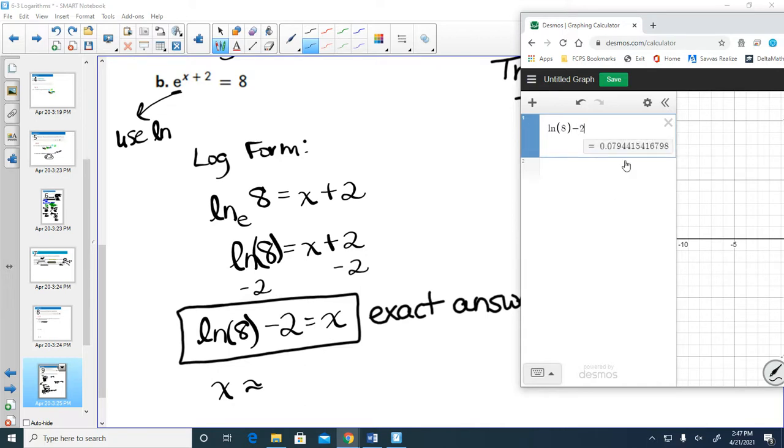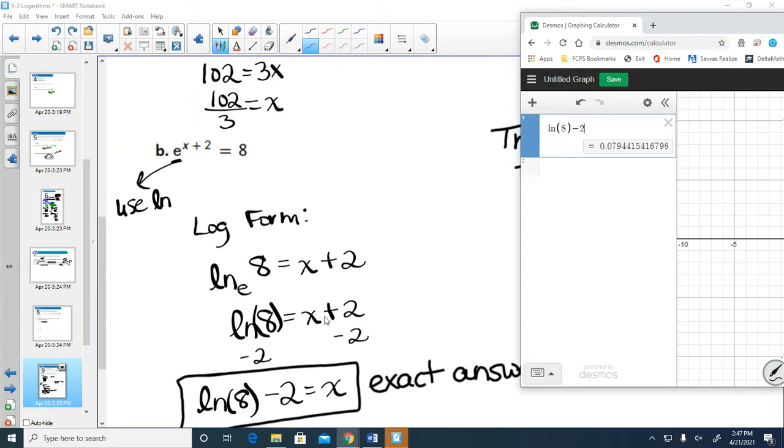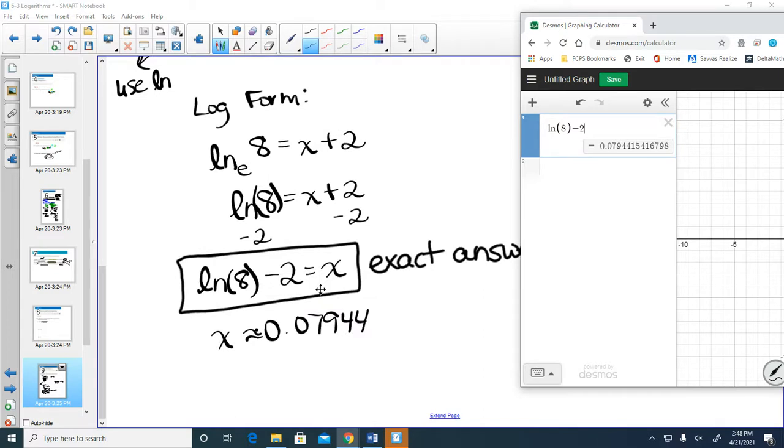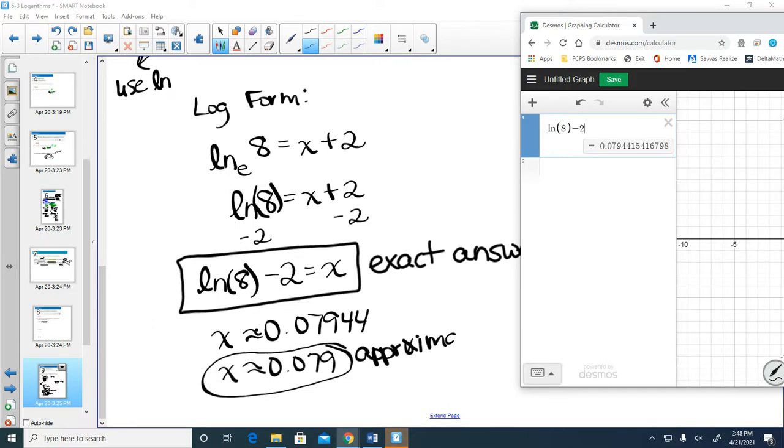So about 0.079. They told me to round to the nearest thousandth, so that's 3 decimal places. So x is approximately 0.079. This is what we call the approximate answer.